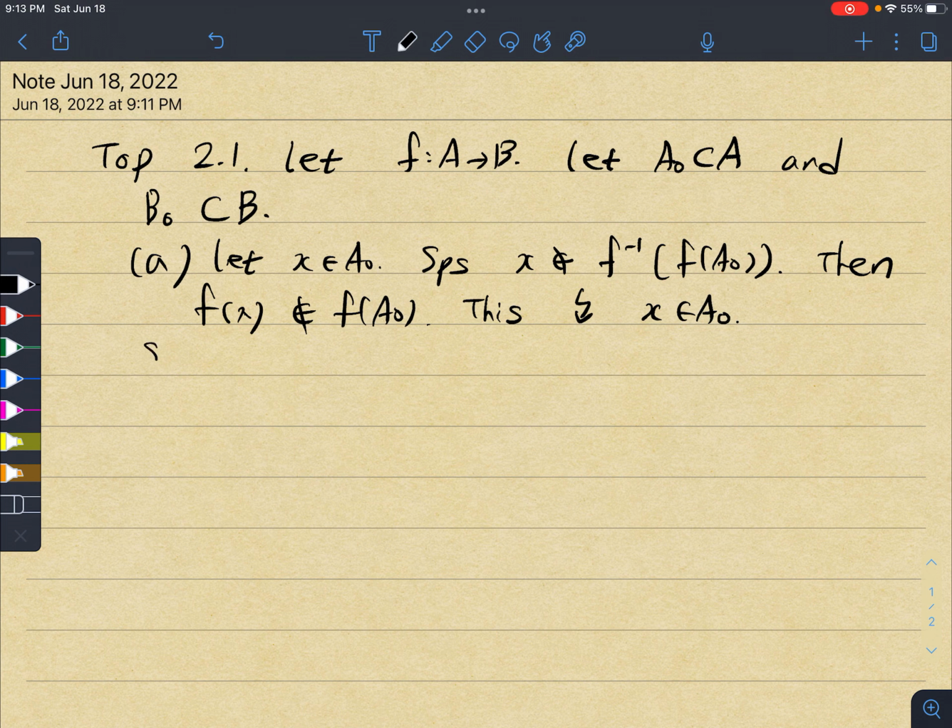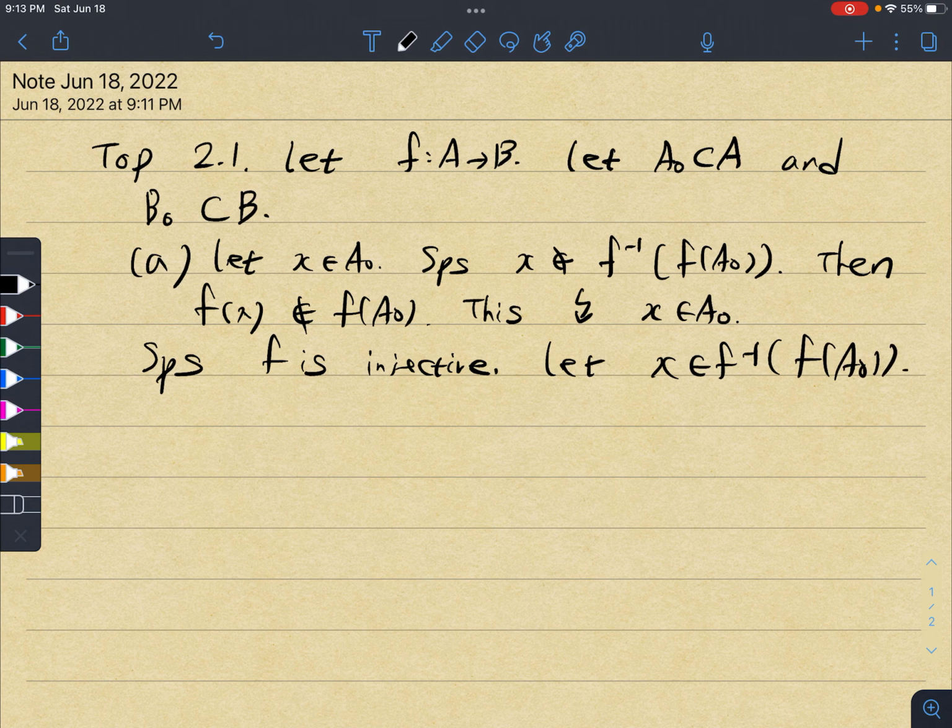Now, suppose f is injective. Then let x be an element of f inverse f A0. Then assume, and I write assume as ASS just for abbreviation, it's not like a swear word, so don't be alarmed by it.